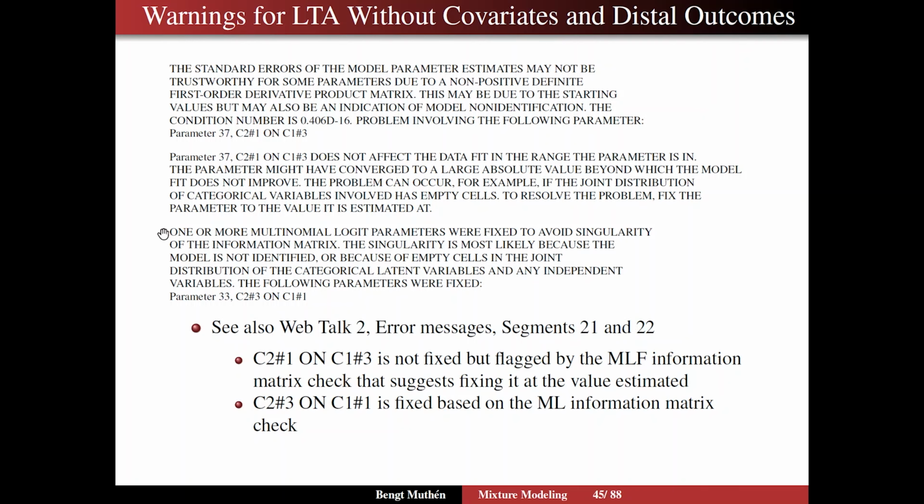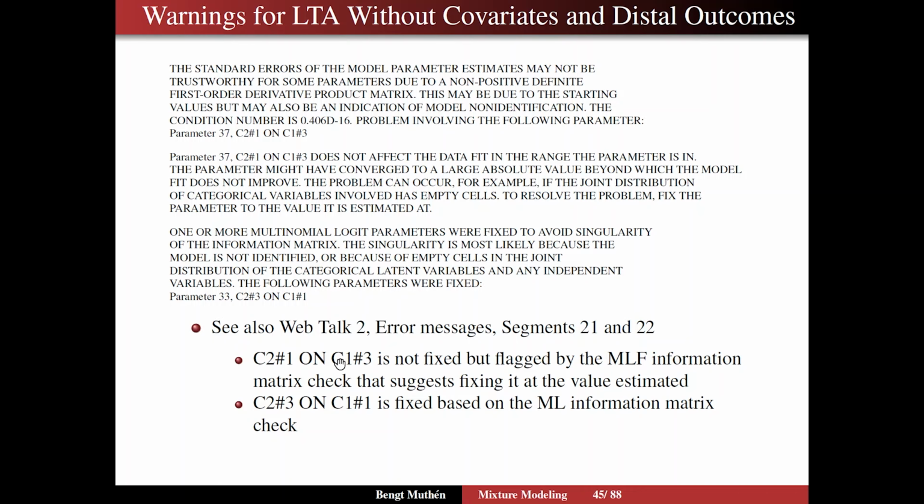We also have another error message for C2 3 on C1 1, and there we get the message due to a singular information matrix. That has to do with the standard errors, the maximum likelihood standard errors. All of this is described in detail in Webtalk 2 in the context of error messages, in segments 21 and 22.